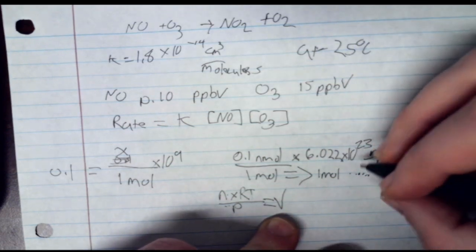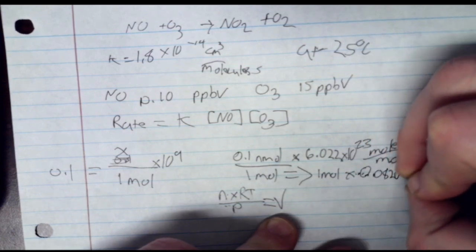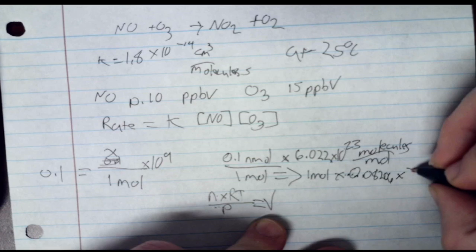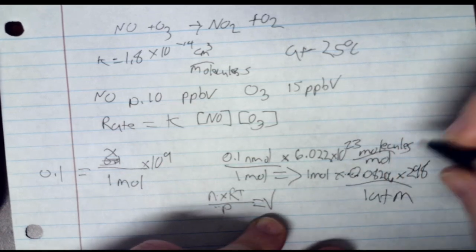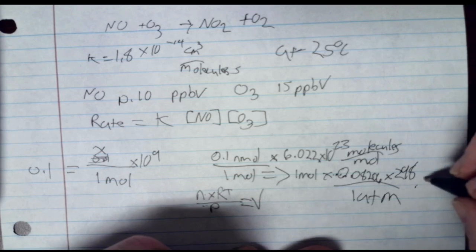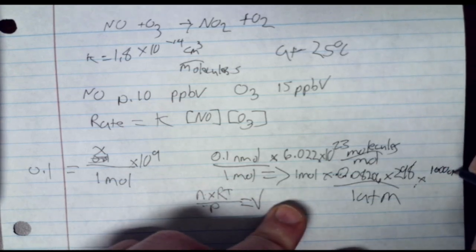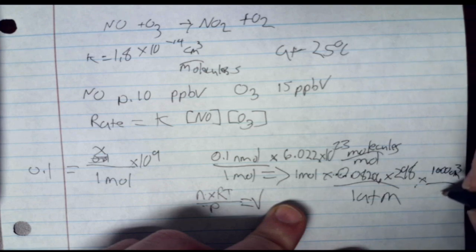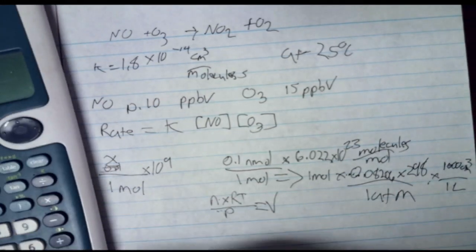We're going to times this by 0.08206 at 298 Kelvin over 1 atmosphere. That's going to give us a volume in liters. And the last step is, there's 1,000 centimeters cubed in 1 liter, because there's 1 centimeter cubed per 1 milliliter.